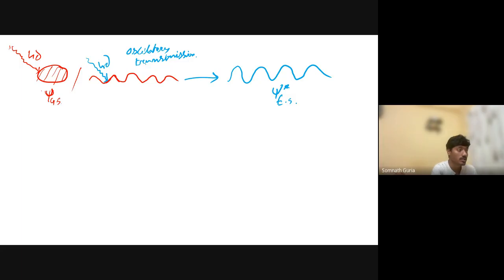Depending on the oscillatory transition, we get a new wave function, and how much its oscillation happens depends on how much oscillatory transition happens in this wave function of the particle. That is called oscillatory, and this function is called the oscillatory function.